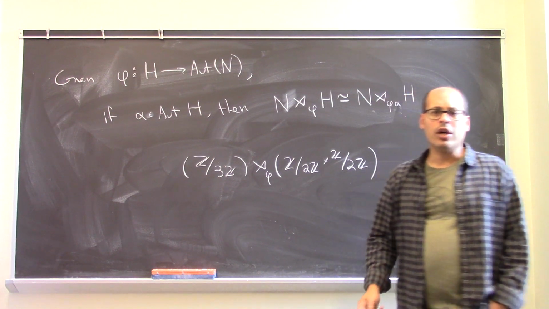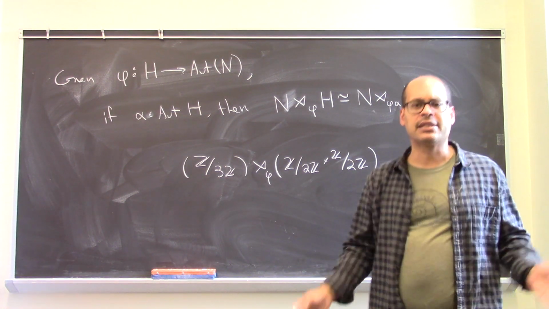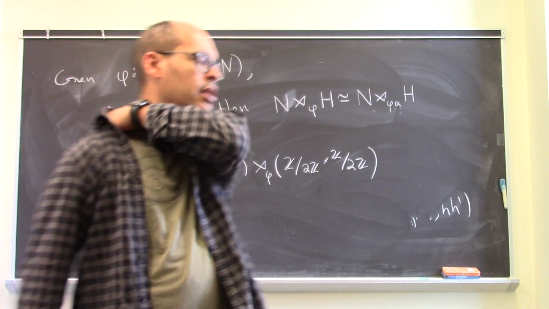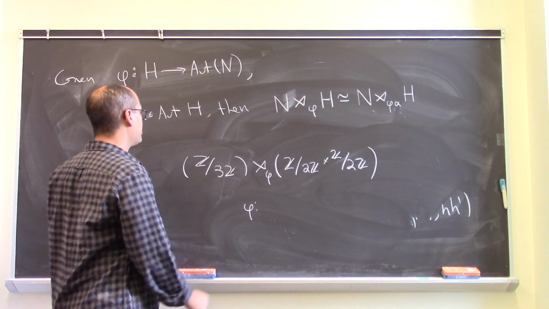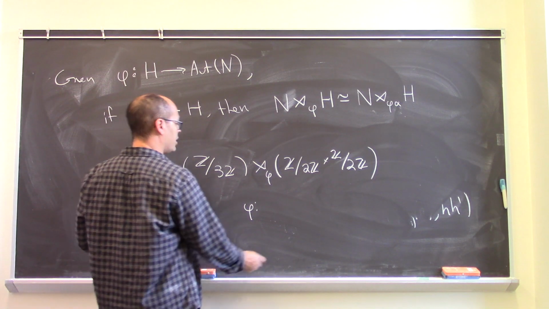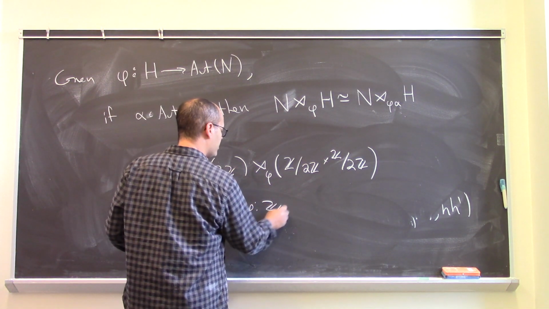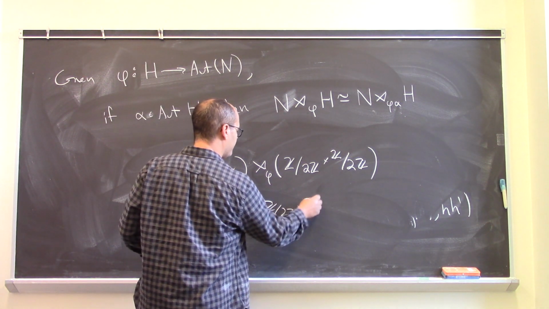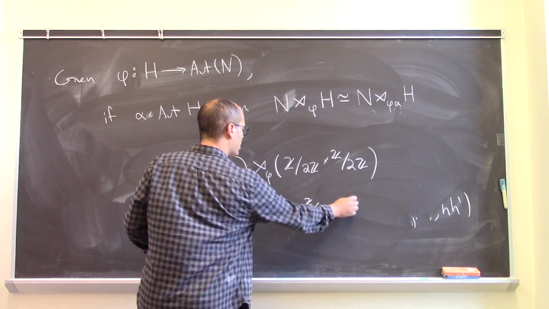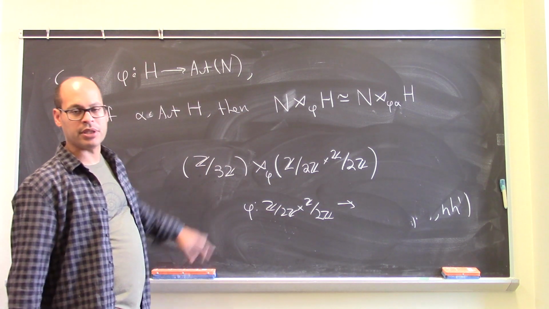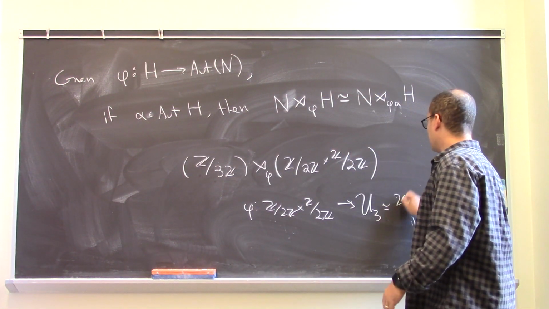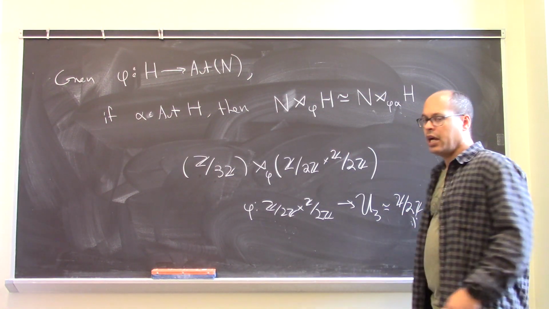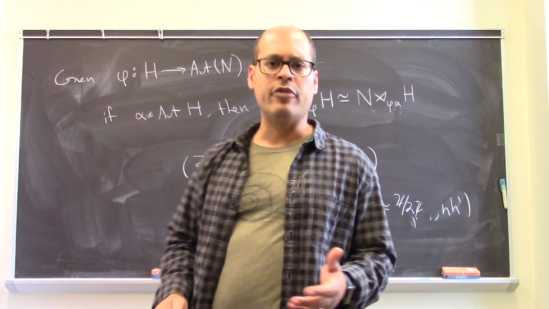Okay? So if I want to say what are the different kinds of phis that I could get, I'm trying to just understand what the semidirect products are. The phi is going to be a map from Z mod 2Z cross Z mod 2Z to the automorphisms of Z mod 3Z, which is the units mod 3, which happens to be Z mod 2Z. And so we see that there are a couple of possibilities here.